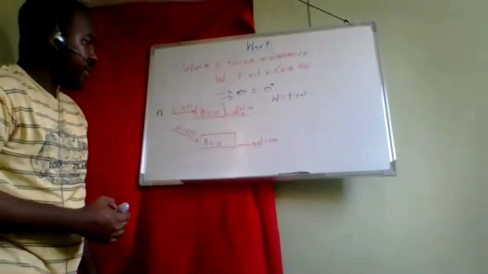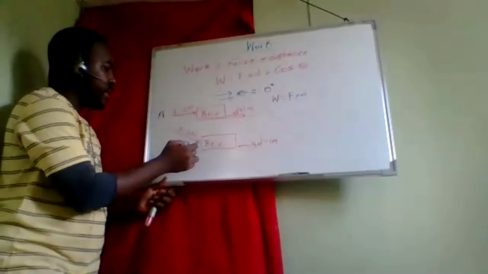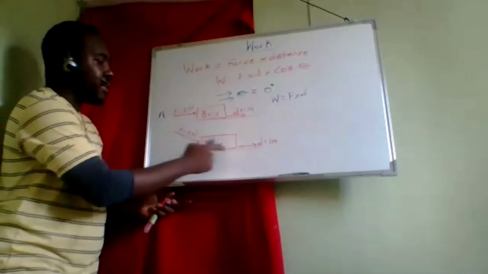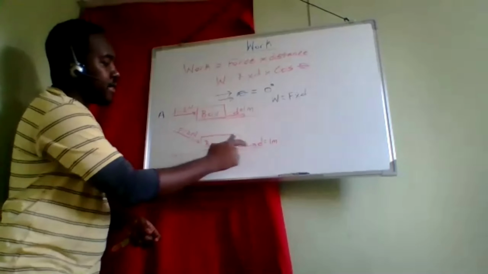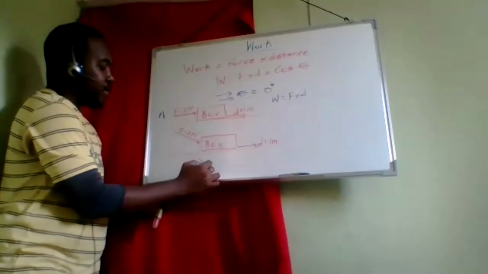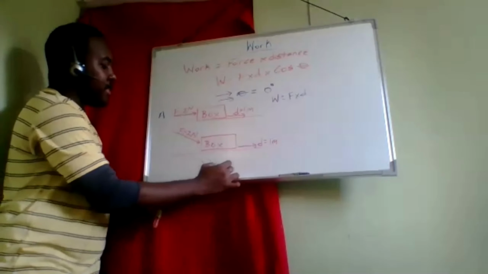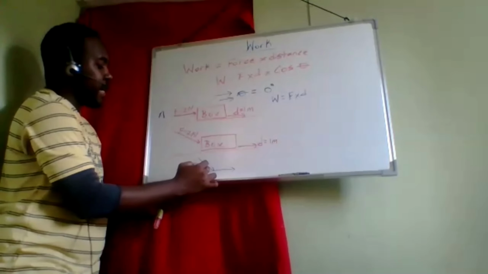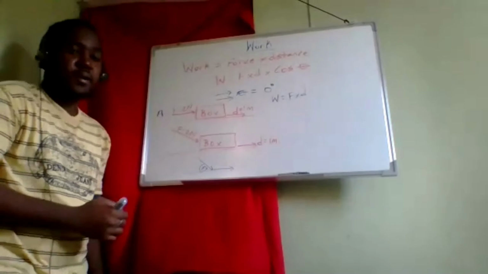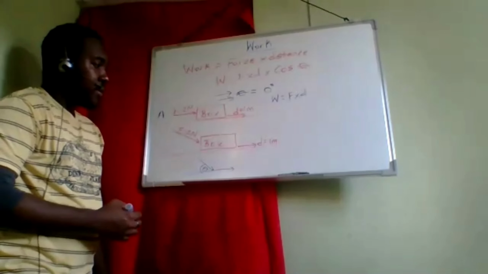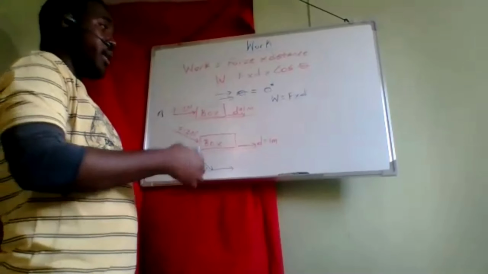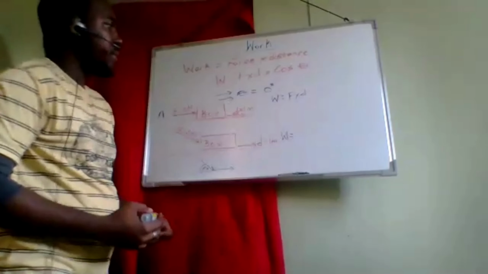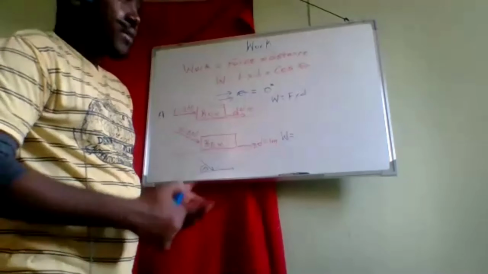But if we look at this case, we notice that there is an angle created between the force and the distance. We have the force going down and the distance going like that. If we continue the distance here, there is that angle theta between force and distance. We should note that the highest that cos will go is 1.